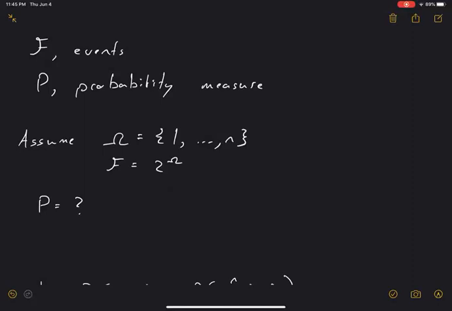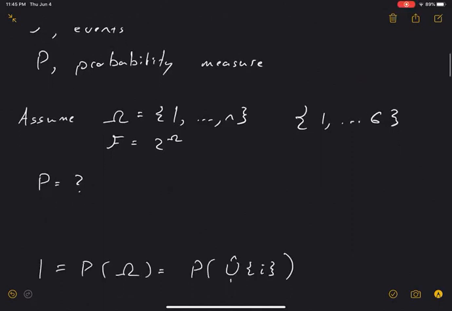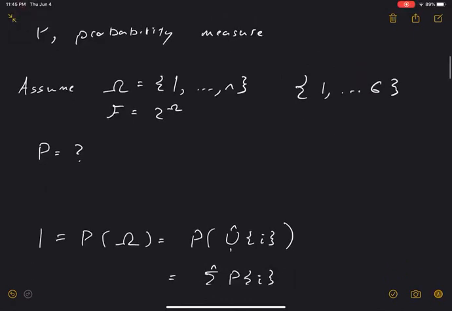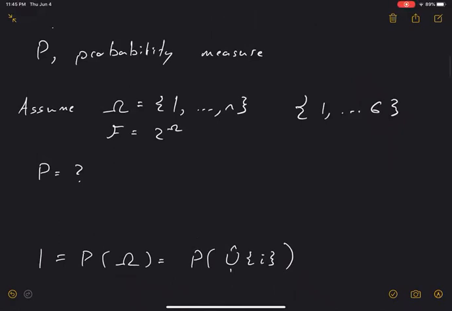If we roll a single die, this could be the set of all outcomes of the dice roll, which would be 1 to 6, right? Or if we do coin flips, it's got 2 outcomes, 1 and 2, or heads and tails, which we could denote numerically. And then we could think of the sigma algebra on omega as the power set, just all subsets.